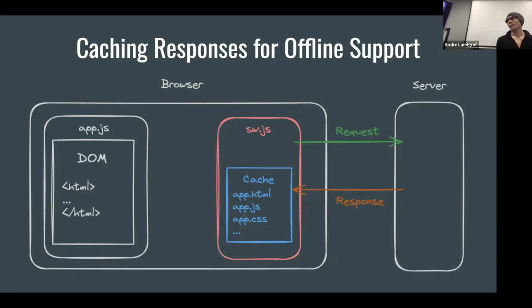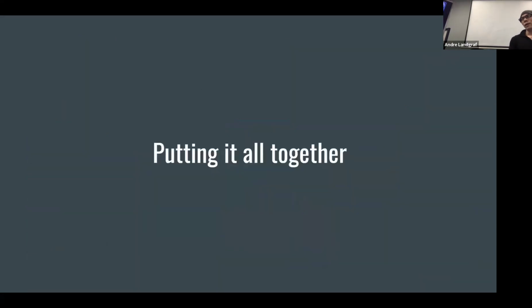So if you get back HTML, JavaScript, CSS, images, audio files, whatever response you get back, you can add that into a cache. And then that cache can later be used to actually make the app work offline. So let's put all this together, and I'll show you guys how this will actually enable us to make an offline app.